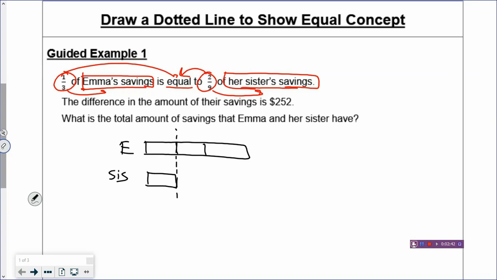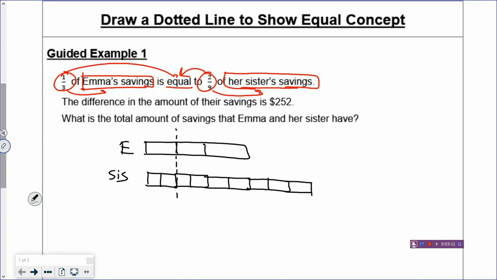Equal to 2 boxes of the sister's savings, so you count 2 smaller boxes. The sister's savings has altogether 9 boxes, so you need to draw 7 more: 2, 4, 6, and then 8 and 9. So the sister has 9 boxes in total. Keep adding on to the model.